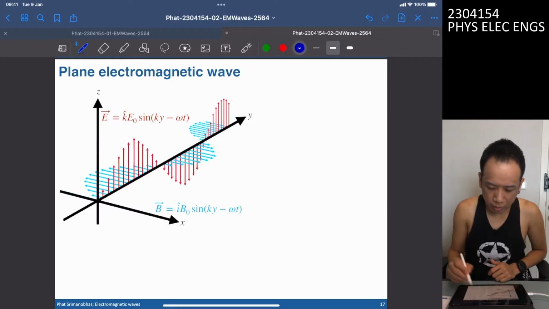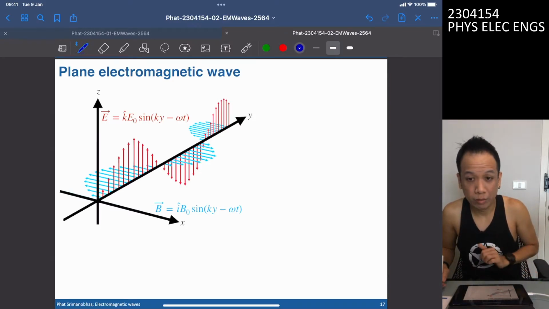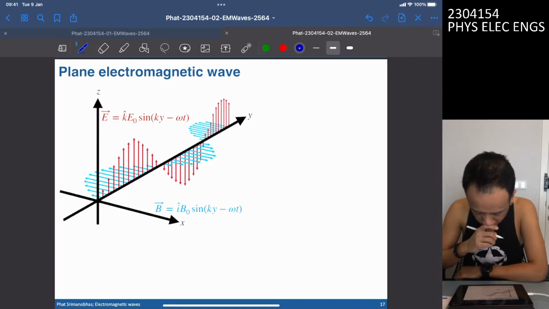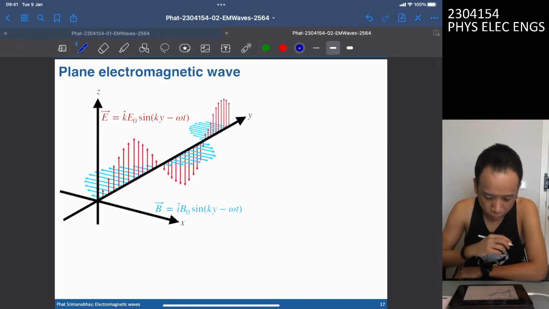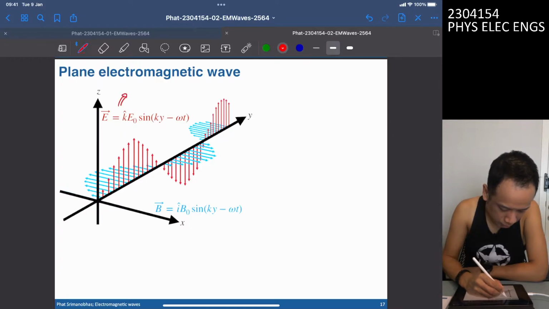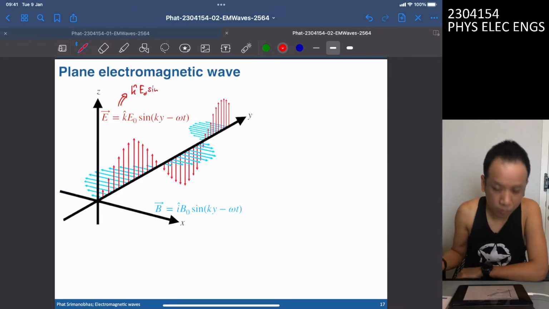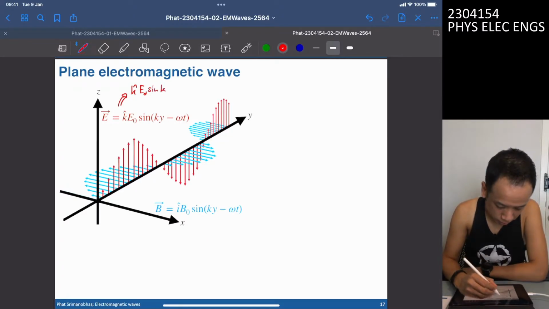First, we should ask: is this still a wave or not? You see that this is a wave, right? But if you still wonder whether this is really a wave, you can take E, for example. If this is k E0 of psi, you put the k out of the bracket and get y minus omega over k t, right?